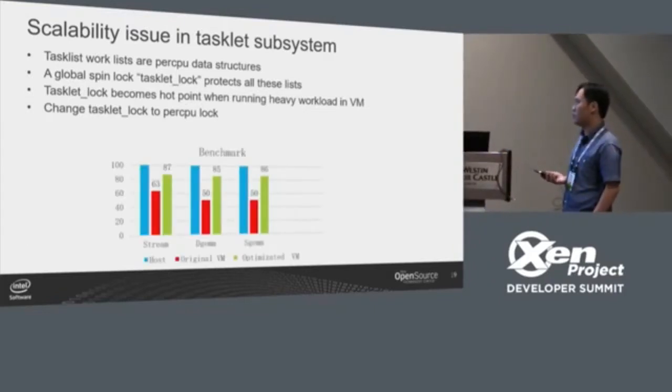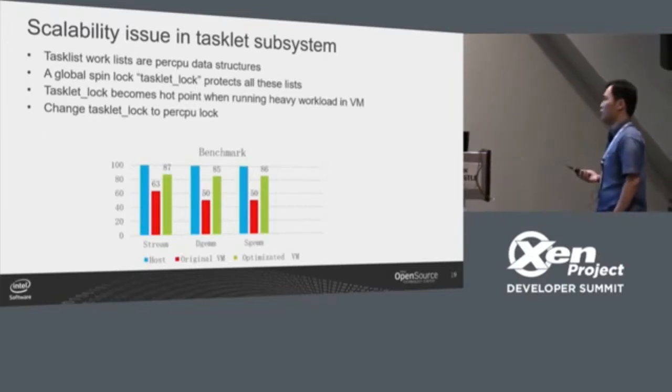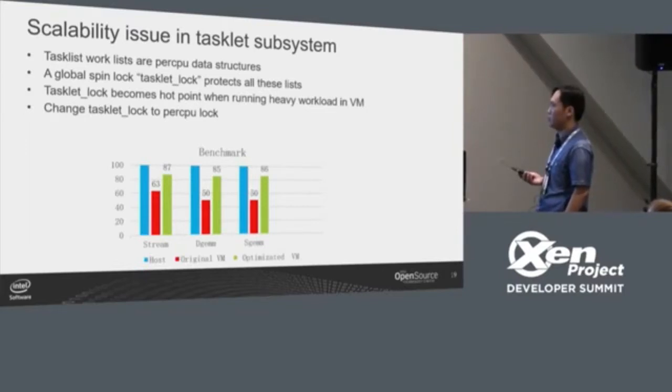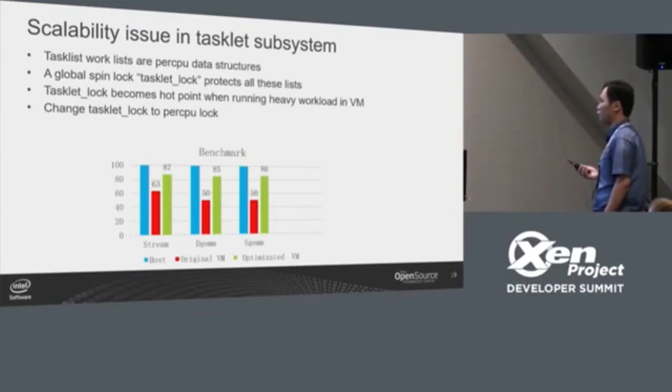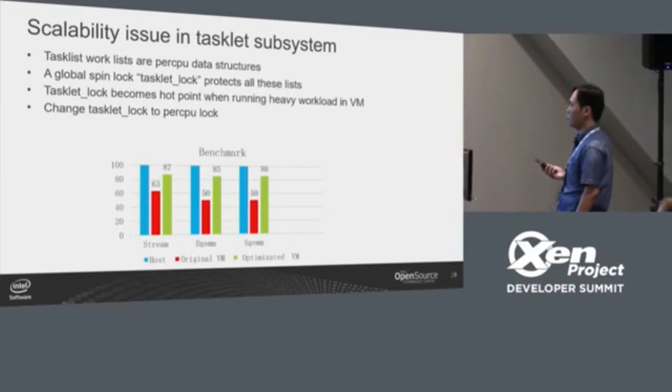We tested the performance in the VM via three kinds of benchmarks. STREAM is used to test the memory bandwidth. We test MCDRAM bandwidth via this benchmark. DGEMM and SGEMM are for the floating point computation capabilities.